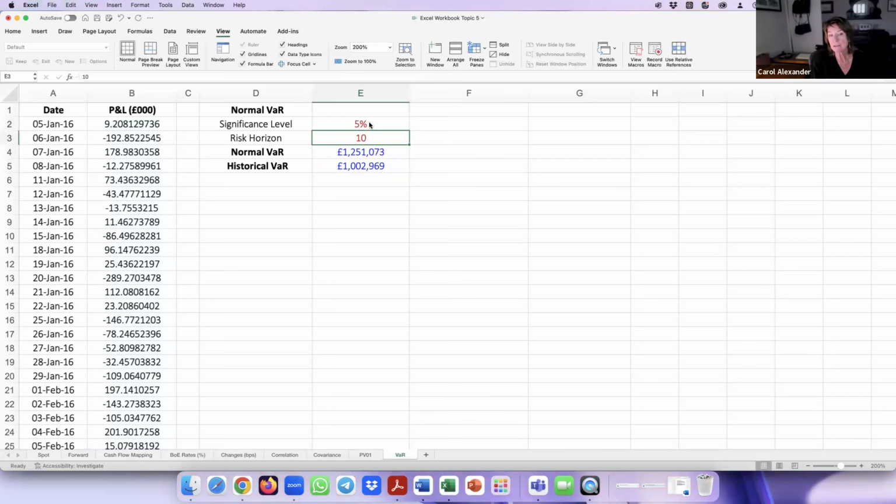Here, the normal VaR is greater than the historical VaR. And that's because a historical VaR gives a P&L distribution that, if you put all these in column B into a histogram, you'd see it has that leptokurtic quality of the narrow arch and longer, thinner tails than the normal distribution.